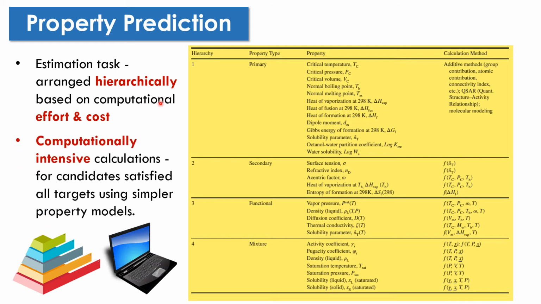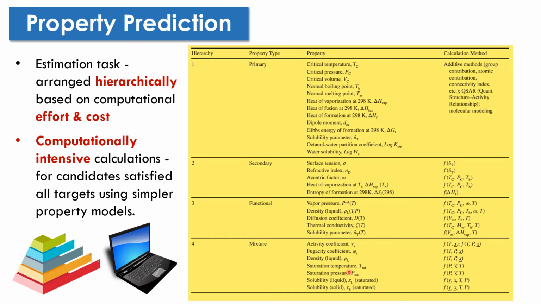So basically, by doing this, we perform the computationally intensive calculation only for candidates which satisfy all the targets using a simpler property model. Normally the property models for the primary properties are simpler compared to the secondary, simpler compared to the functional, and simpler compared to the mixture properties.